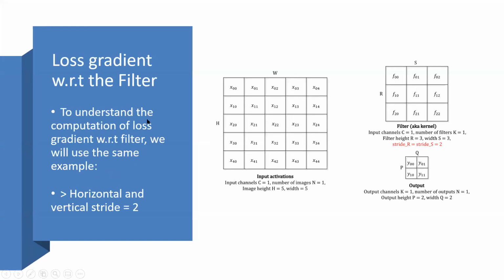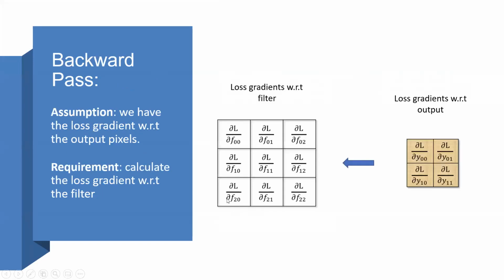And now we compute the loss gradient with respect to the filter, and we're going to use the same input and the same stride number. So in this situation, we have the loss gradients, the gradients with respect to the output, and what we need is the gradients with respect to the filter.